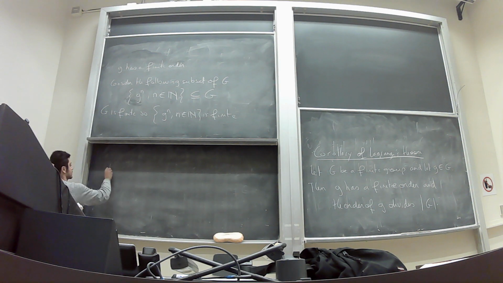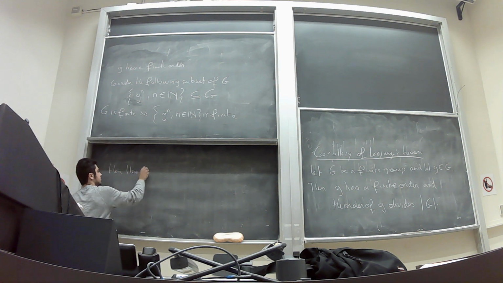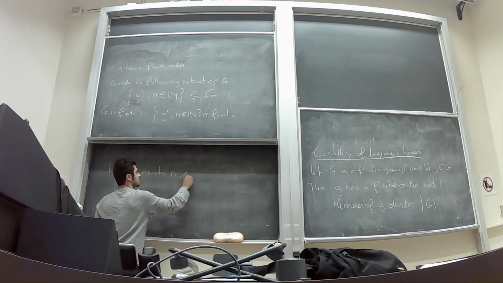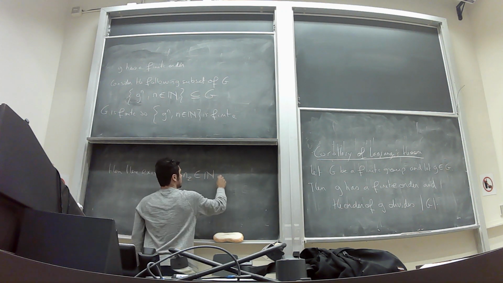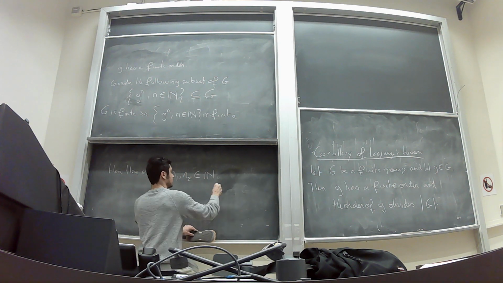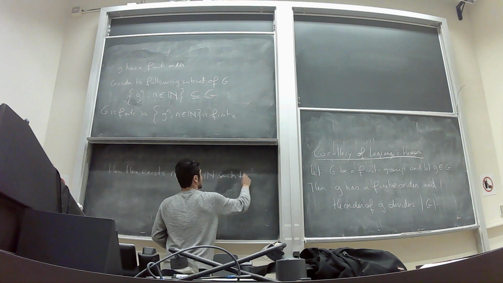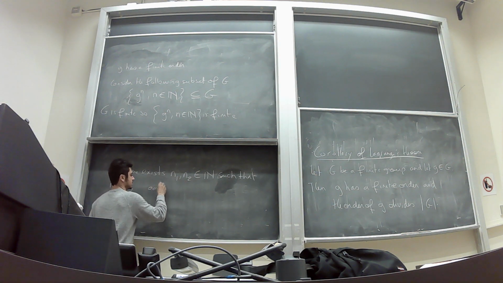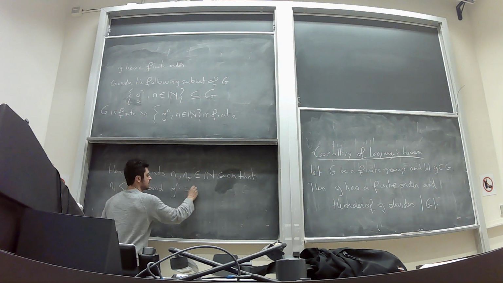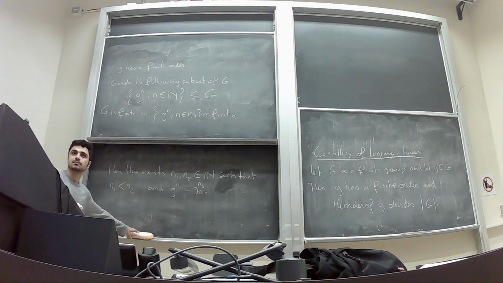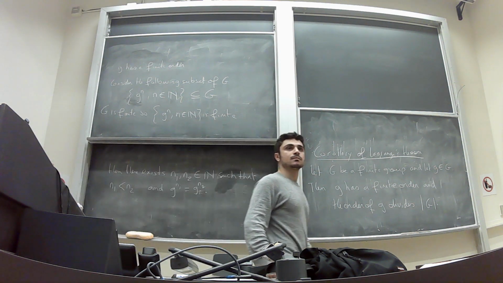Then there exist n1 and n2 in the natural numbers such that n1 is strictly less than n2 and g to the n1 is equal to g to the n2. Why is that again?